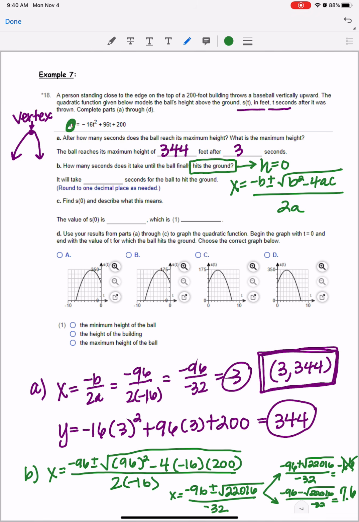So if you need help putting that in your calculator, you've got to come see me. I can't do that on this video. So B is 7.6 seconds. It's going to take 7.6 seconds for that ball to hit the ground.